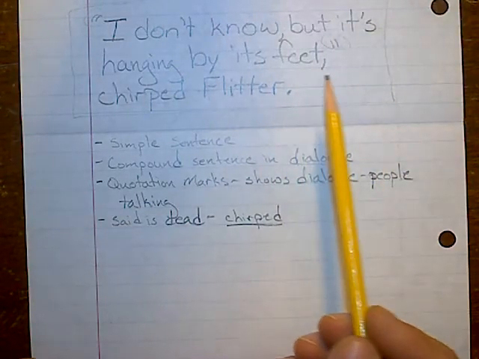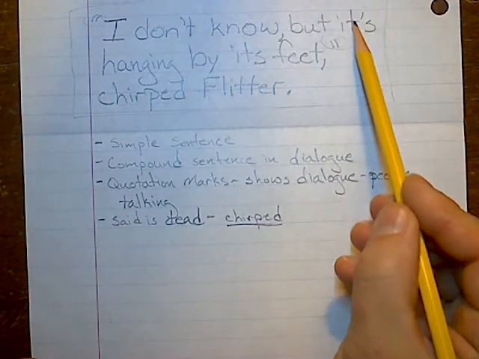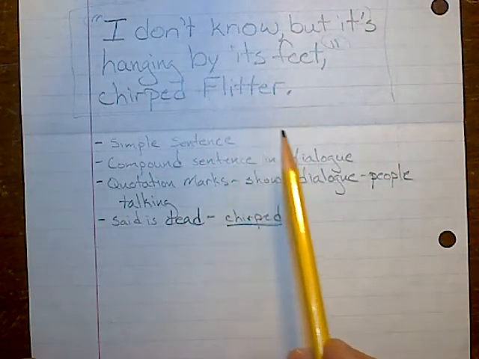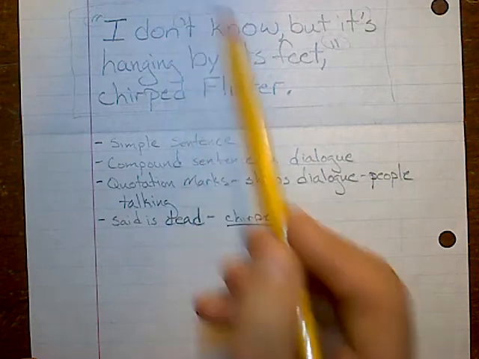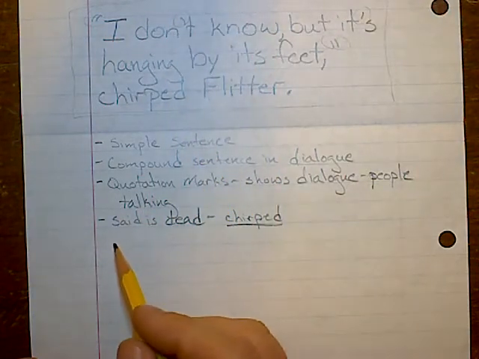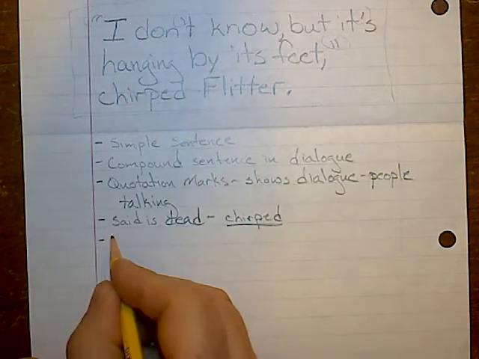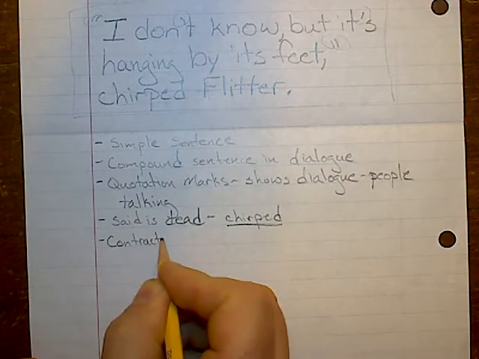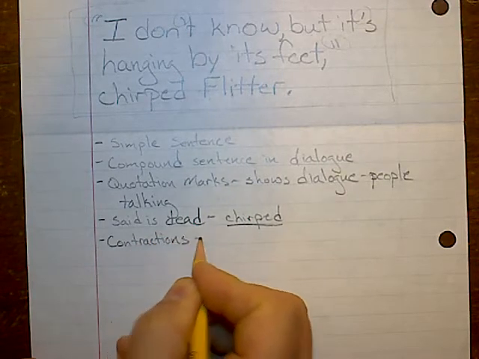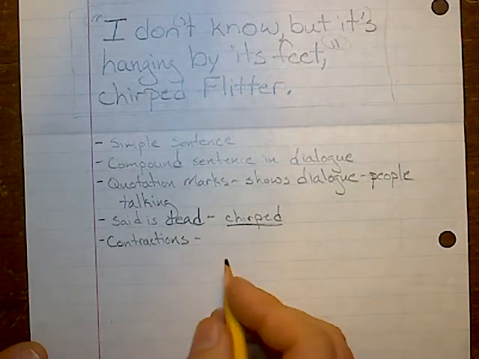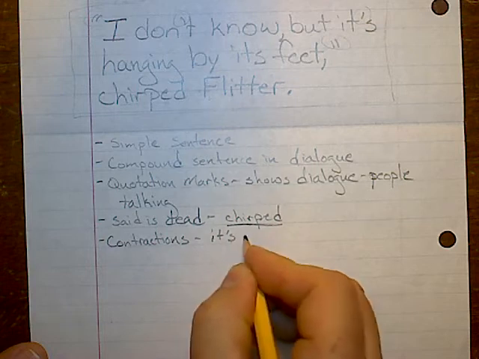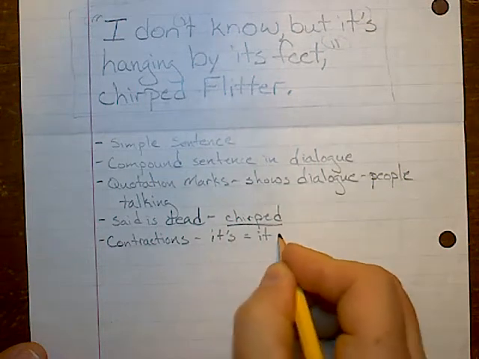Here's a good thing to notice. I see that we've got an apostrophe there and an apostrophe there. And I believe, if you remember, those are called contractions. It's when you take 2 words and you put them together into one word. So it's, in this case, equals it is.